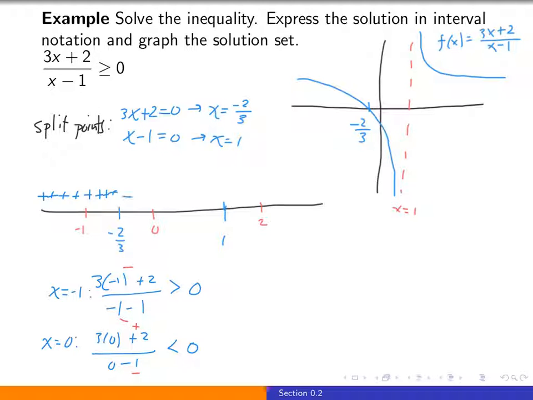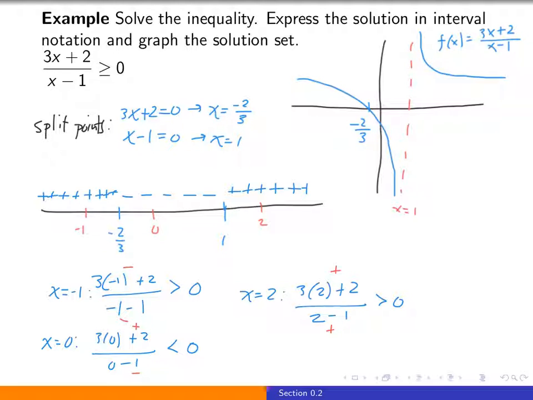So from minus 2/3 to 1, our expression is negative. Then at the test point in our last interval, x equals 2, we'll have 3 times 2 plus 2 over 2 minus 1. So a positive divided by a positive gives us a positive. Our expression is entirely positive from 1 to infinity.